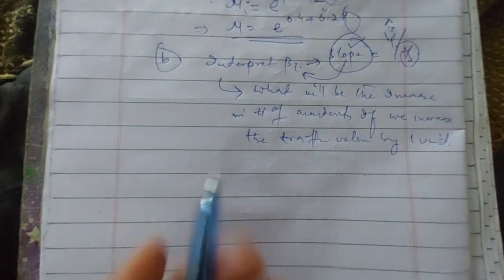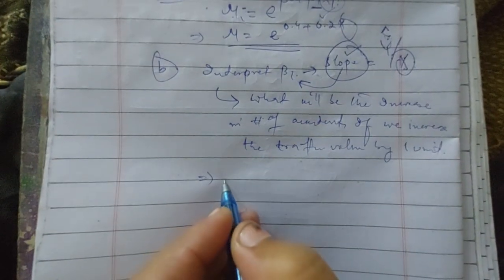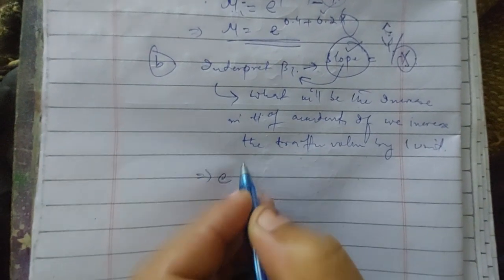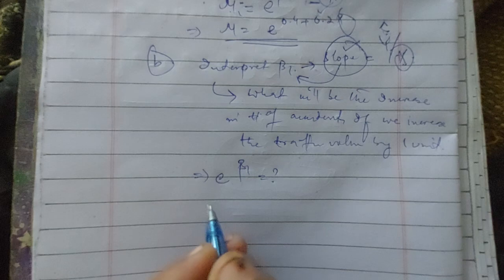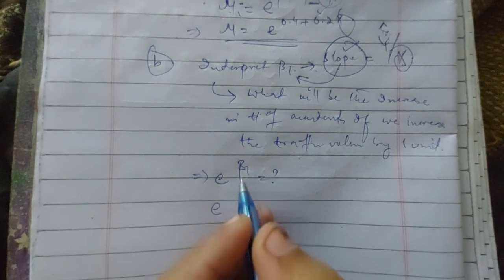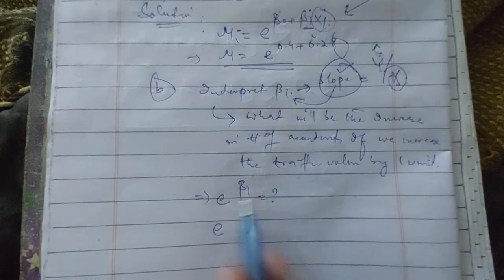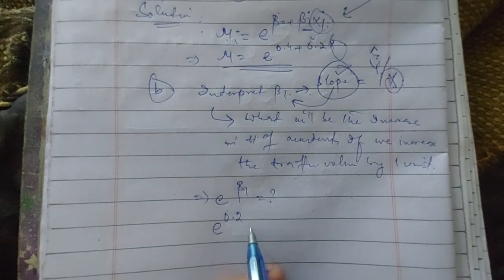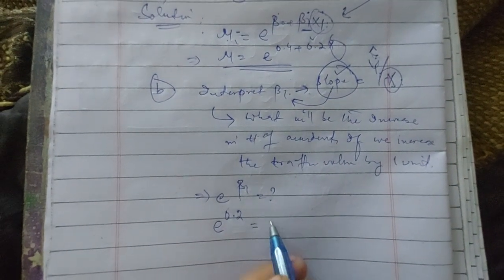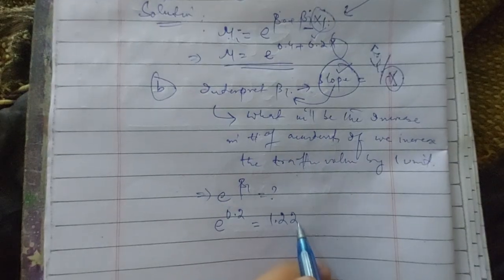So in order to interpret that, what we need to do is find e raised to the power beta 1. To find that we put the value of beta 1, which in our case is 0.2. So e raised to the power 0.2 gives us a value of 1.22.